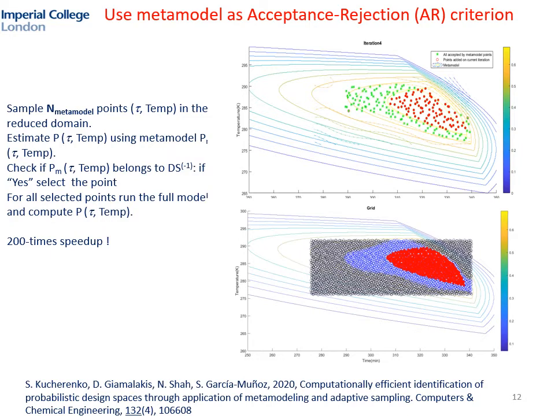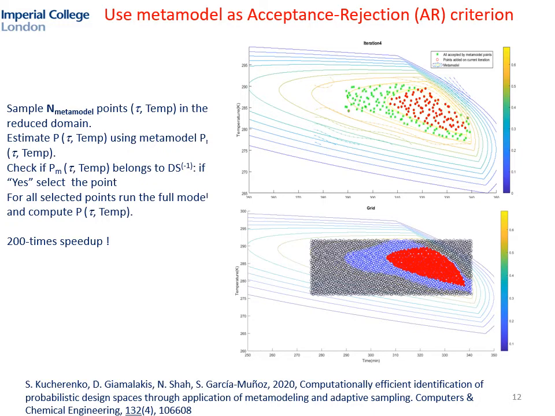Then we check if a probability defined by using a meta model belongs to the design space domain. If yes, then we select the point, and for all selected points we run the full model and compute the actual probability map. When we do that, we have 200 times speed up.